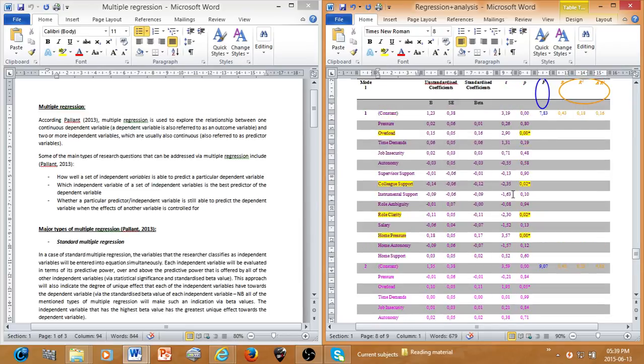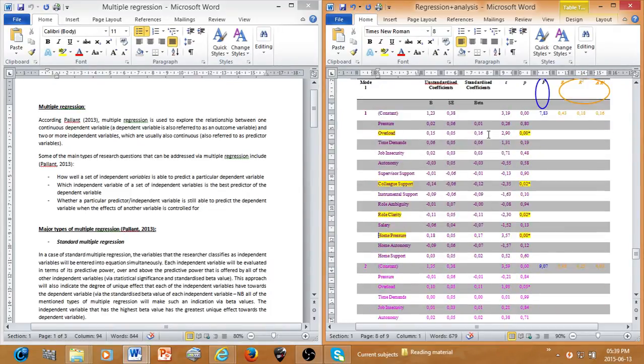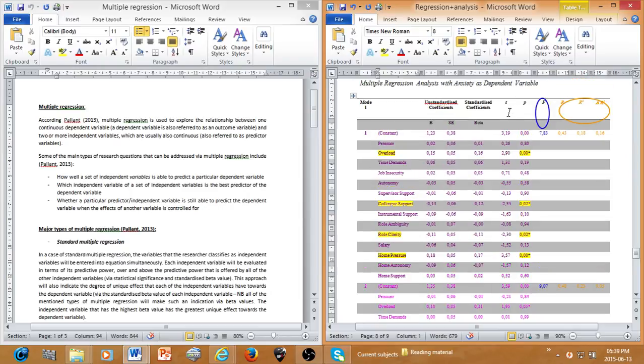Now what we do next, if we want to see the independent variable that has the highest unique effect towards anxiety, is we look at the beta value. Where's the beta value column? It's over there, under standardized coefficients.